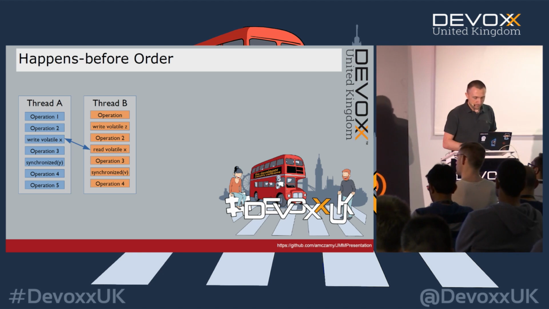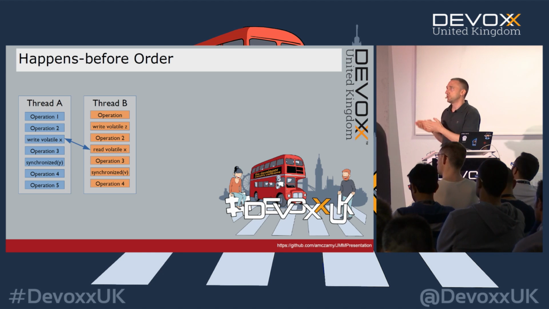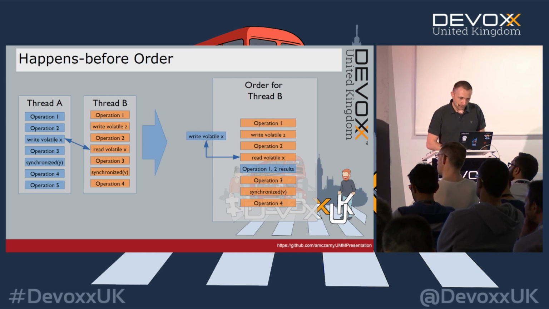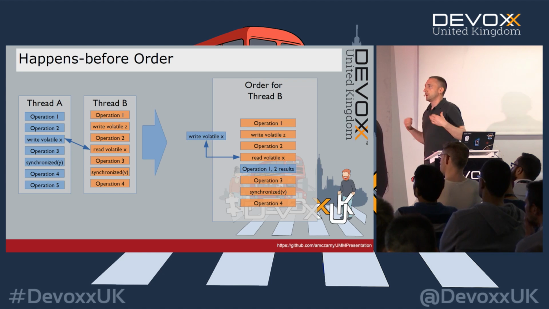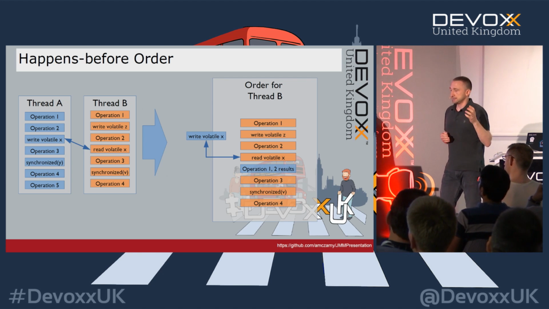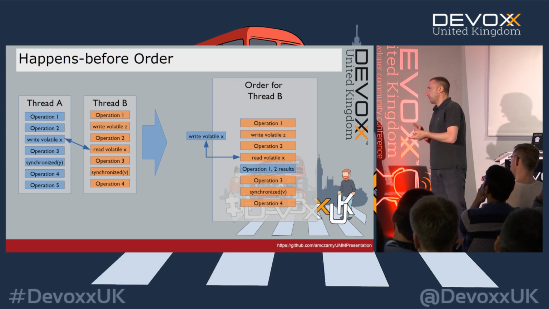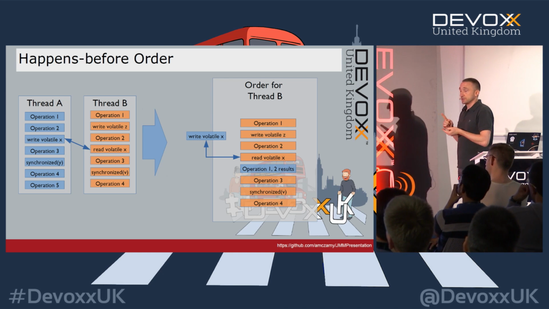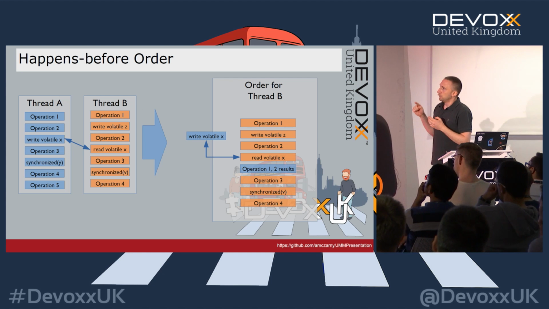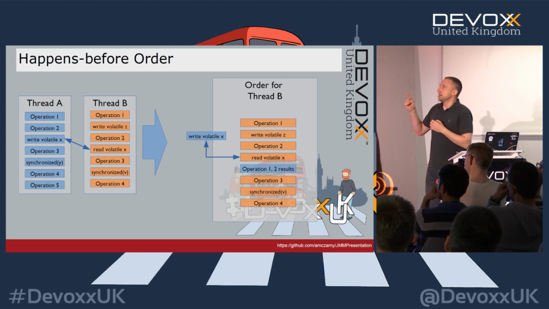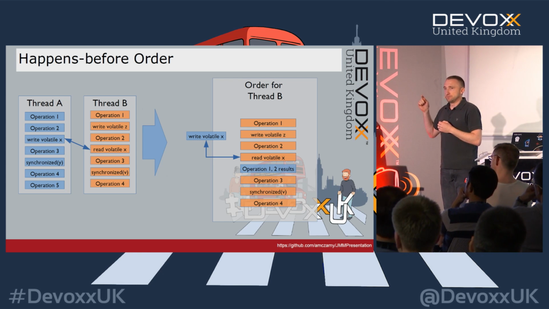How can we order them? From the perspective of thread B, well, if you're lucky enough and the write to volatile X executed earlier, then thread B will execute operation 1, write to volatile operation 2, read the volatile, and then we have a synchronized-with relation, which means that any operation executed before, even if it's not synchronized, should be properly visible.